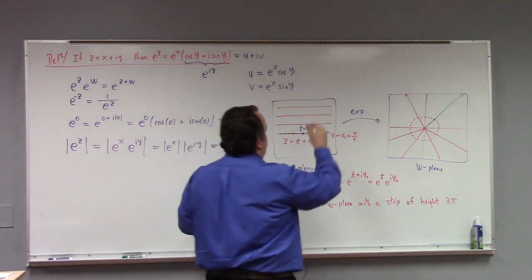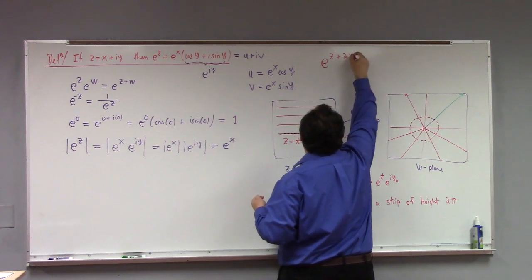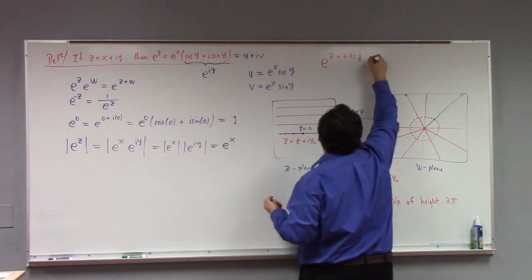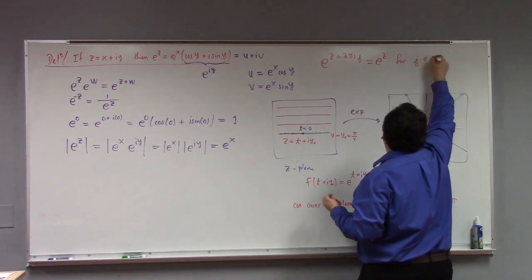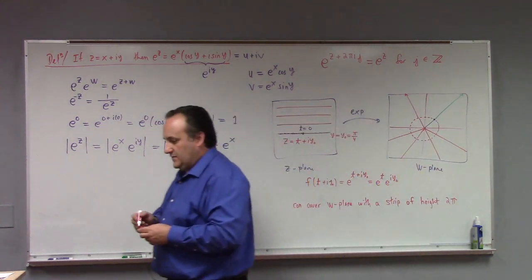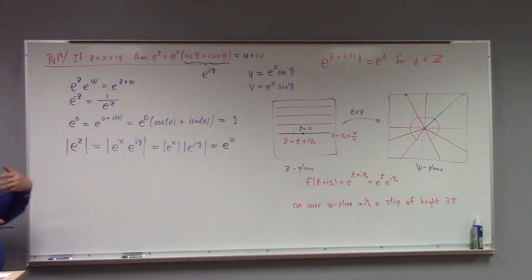And that all comes back to the equation e to the z plus 2 pi i j is equal to e to the z for j in the integers. There's this 2 pi i periodicity of the complex exponential, and that stems from the 2 pi periodicity of the imaginary exponential.